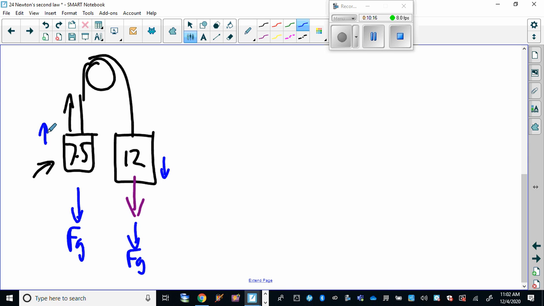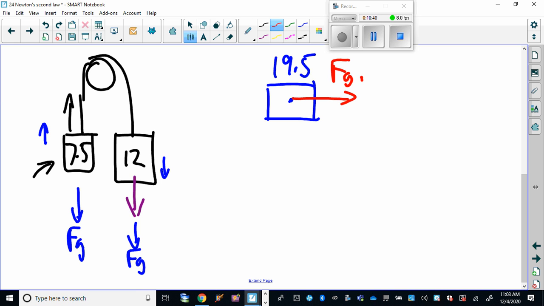So we're going to treat it as one mass, and this is how we're going to do our free body diagrams for Atwood's pulley questions. We're going to combine the mass, and then we're going to have two forces, and we know one's accelerating down and one's accelerating up. So we're going to have two forces in opposing directions. And to simplify things, we're just going to do it like this. We're going to have an FG1 over here and an FG2 over here.